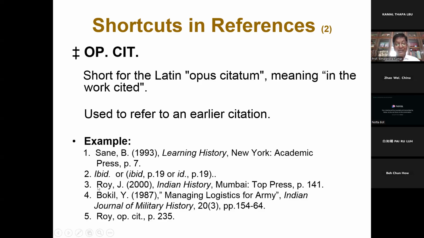So here Roy, comma, op. cit. means the same book which has been put in the third reference, and the reader can understand that this is the same book, but the page is different from page number 141. So this is the way of writing your research paper or research dissertation.